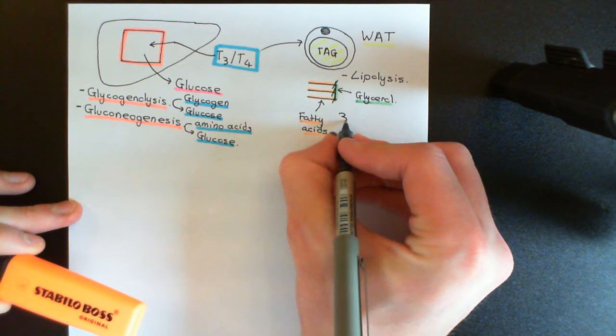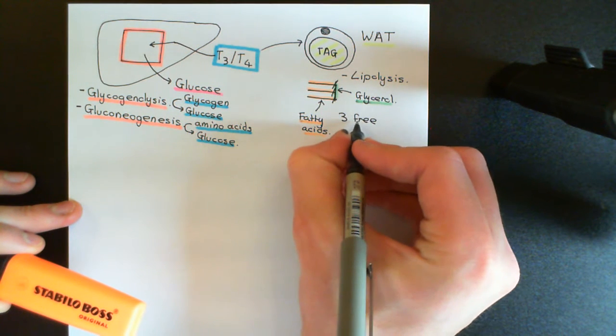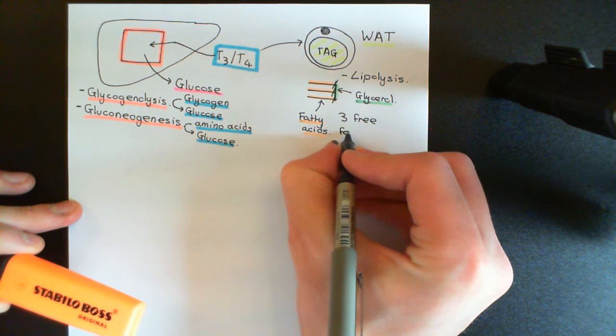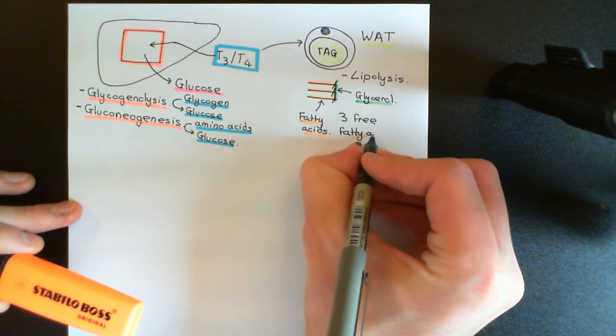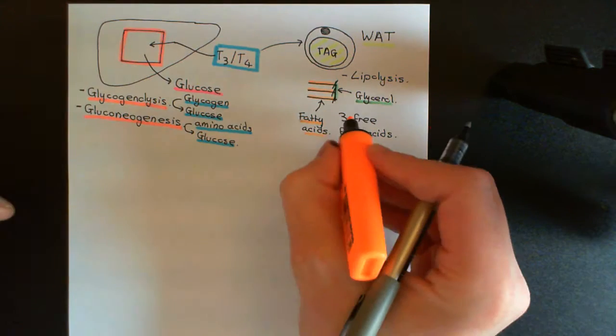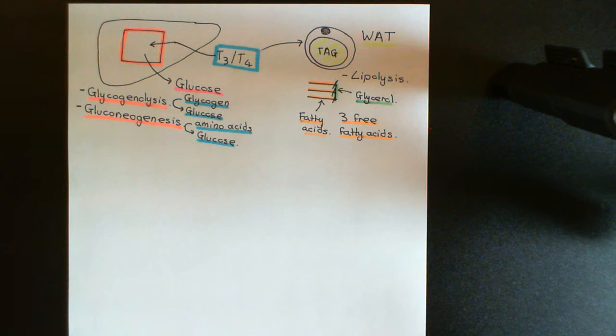So first free is the number free, and then the second free is free as in not bound to anything. So free fatty acid molecules. Okay, and then these fatty acid molecules, they can be released into the bloodstream and they'll bind to albumin proteins, and they can be delivered to tissues such as the heart, which can use them in the beta oxidation process to derive energy from them.